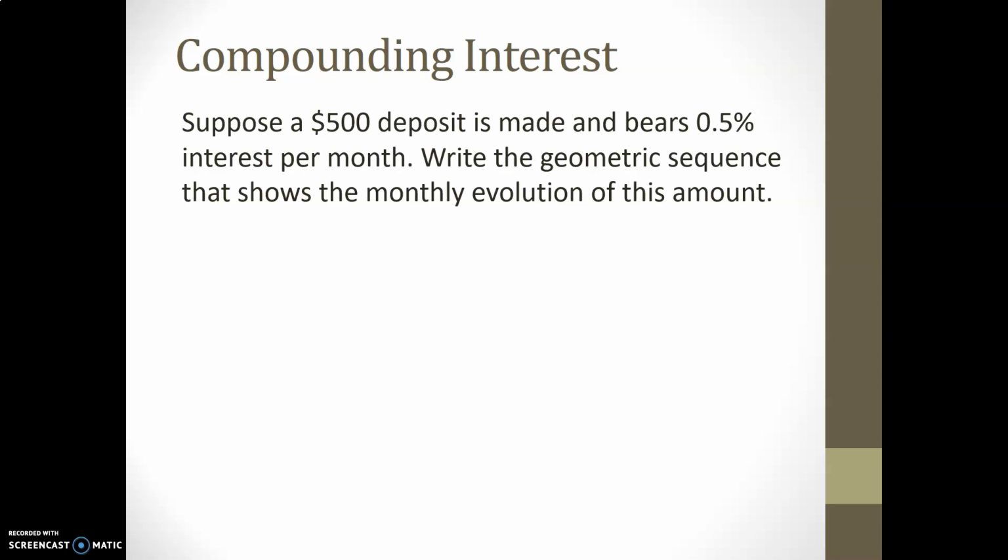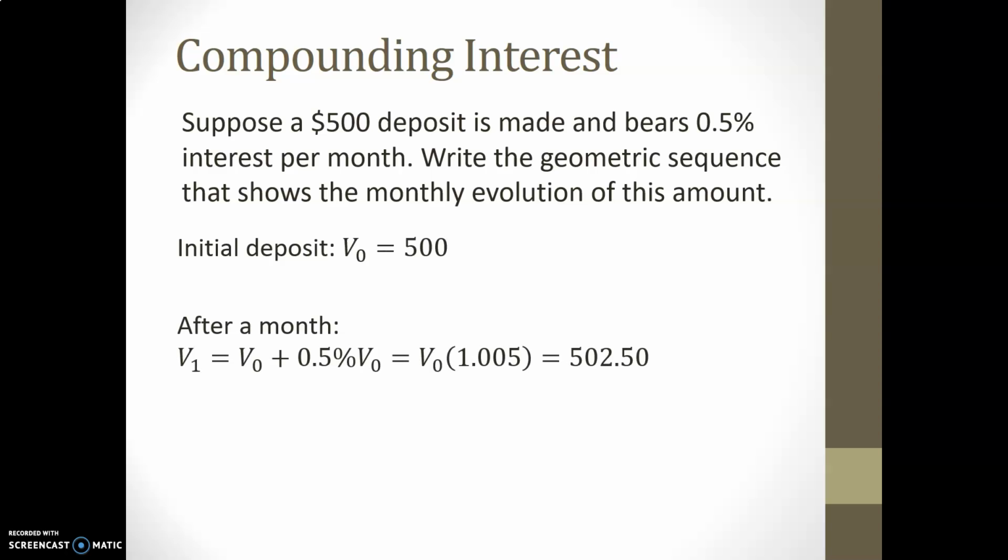Notice how the interest rate that is given is counted in months, and that the time spans that we will examine the value of the investment is also monthly. So initially $500 are available. That would be the value at time zero or at date zero of the investment.